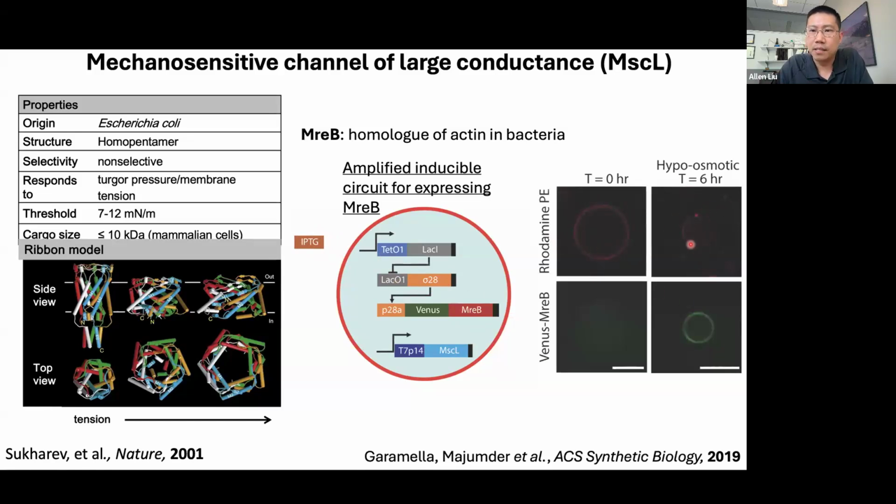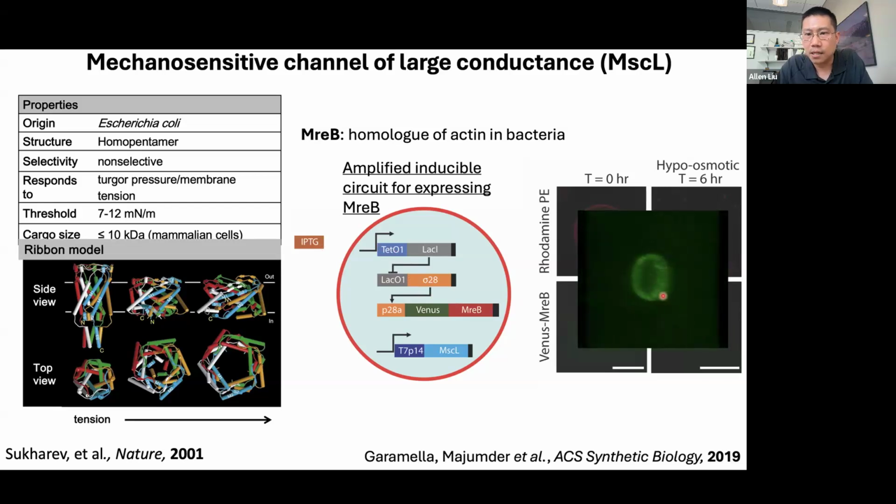Here I'm just condensing the key data. In the hypoosmotic conditions, you can see the GUV labeled in red, and if you don't have osmotic shock, there's no fluorescent MreB produced. If you hypoosmotically shock the GUVs, IPTG will enter and produce the MreB as you see here. The MreB self-assembles on the membrane, and you can even see it forms a ring surrounding the inner surface of the GUV.